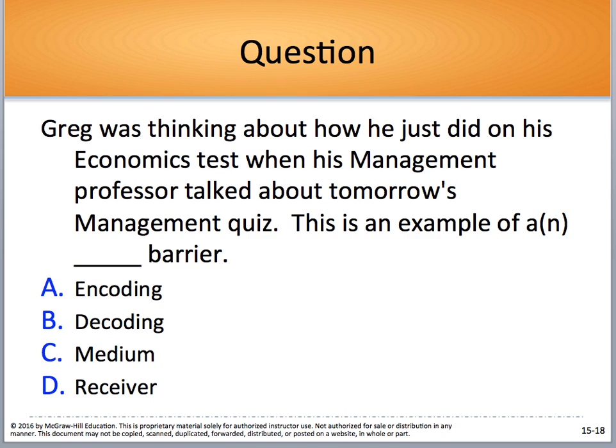Is this an example of encoding, decoding, medium, or receiver barrier? He's in his management class, thinking about his economics test. That's another class. His management instructor is talking about tomorrow's management quiz. What barrier is presented for Greg? Is it A, B, C, or D?